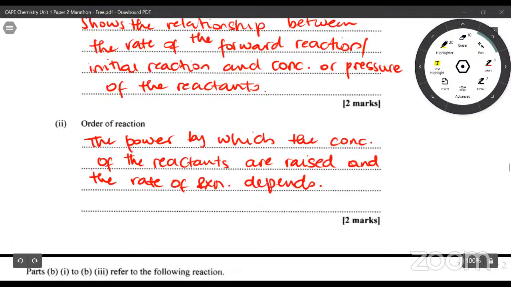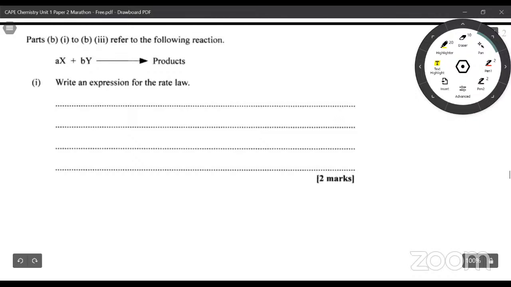Now part B, I to BIII refers to the following reaction. AX plus BY gives the products. And it wants you to write an expression for the rate law.